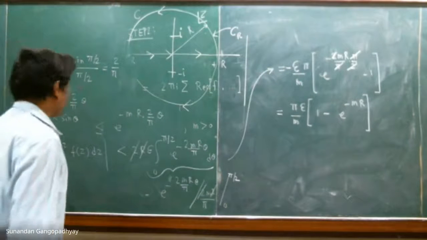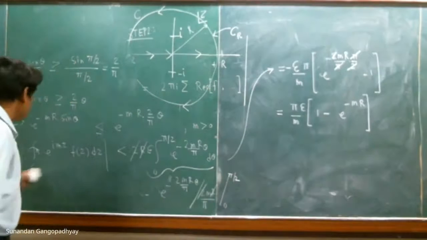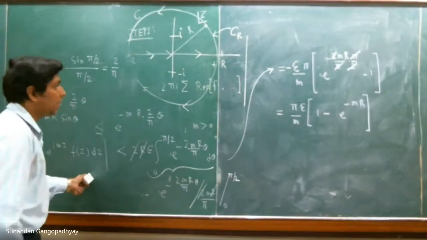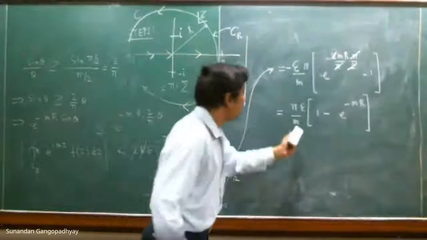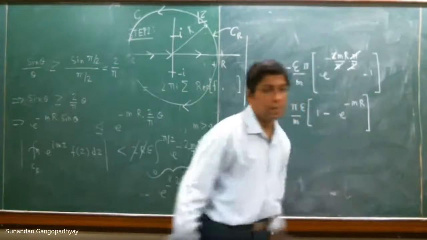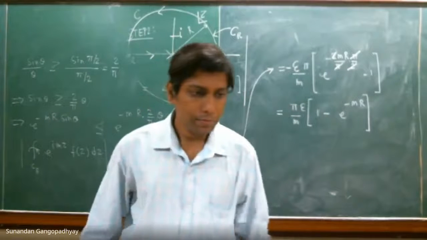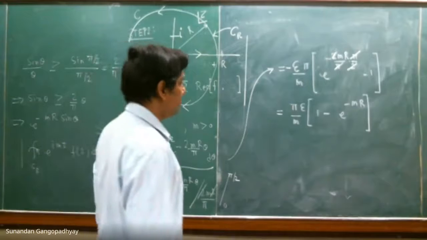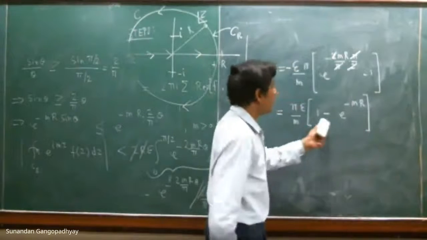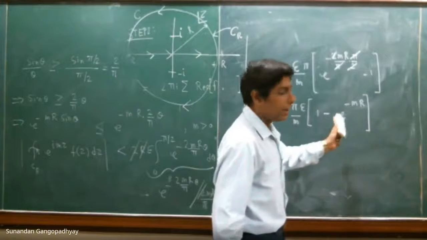So what we have shown is that the modulus of this integral on the semicircular arc is less than pi epsilon by m multiplied by 1 minus e to the power of minus m r. But this is a positive quantity, therefore 1 minus e to the power of this thing is less than 1.